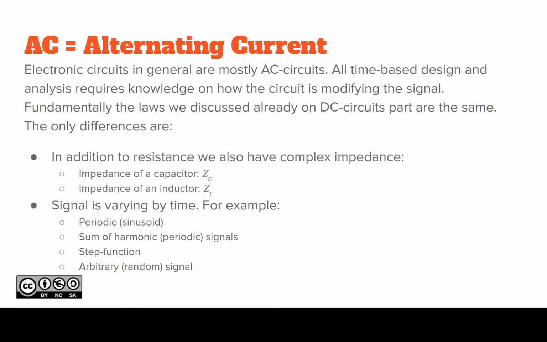If you have a capacitor, then the impedance is usually marked Z of C, and for an inductor, it's Z of L. Practically these three components, resistor, capacitor, and inductor, can be used to design any linear circuit in electronics.